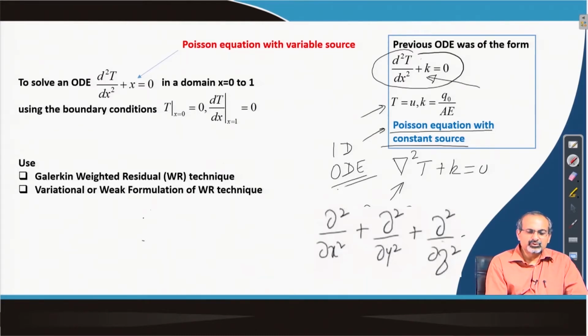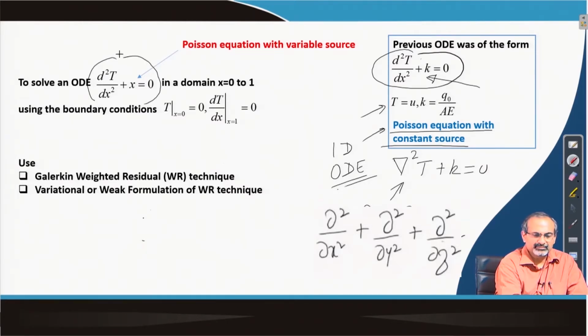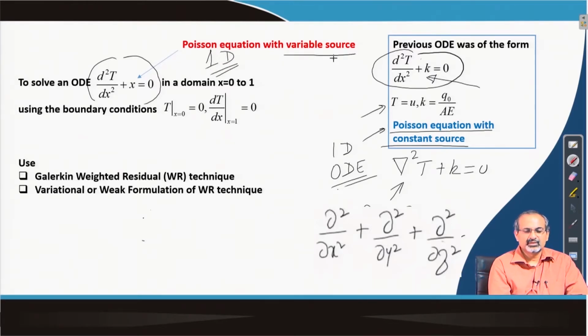Now, if you were to make that equation look a little more complicated, you could think about an equation of this kind, where you are as if talking about Poisson equation in one dimension with a variable source. And then because we are handling one dimension, again you see it in an ordinary differential form.